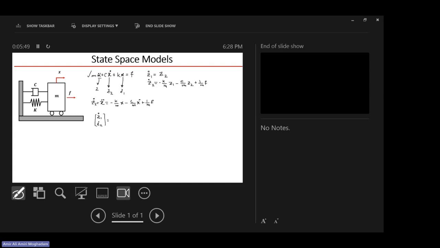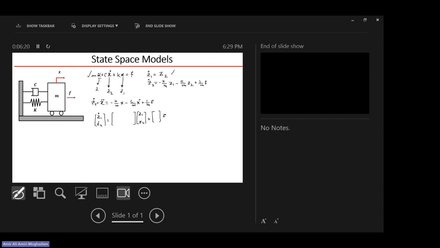Okay, this equals this matrix that we call matrix A multiplied by the vector of state variables, which is going to be z1 and z2, plus this other vector, which we call b, and it's going to be multiplied by our input, in this case f.